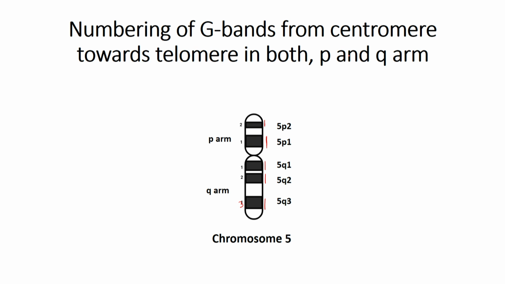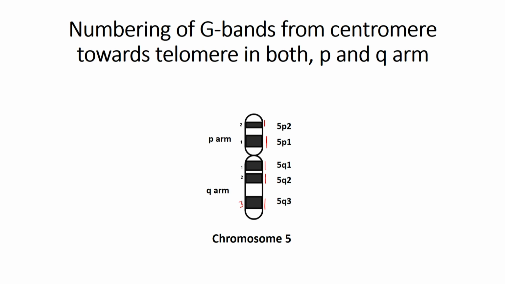Imagine this is chromosome 5 and we have to refer to this band. What will we say? Chromosome 5, P arm, and band number 1. So this is how one gives the numbering of the band. As it is written here, from centromere towards the telomere, the bands are numbered on P arm as well as on Q arm.